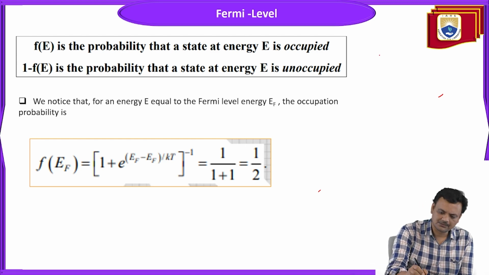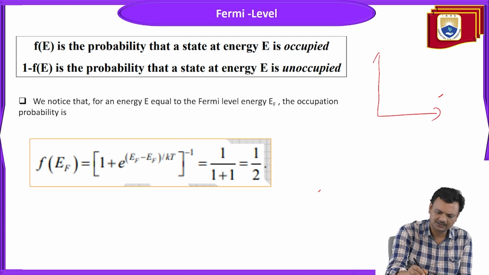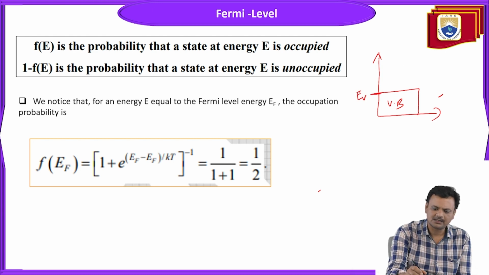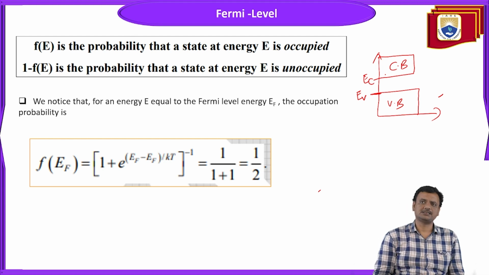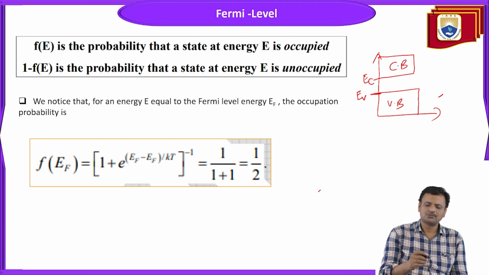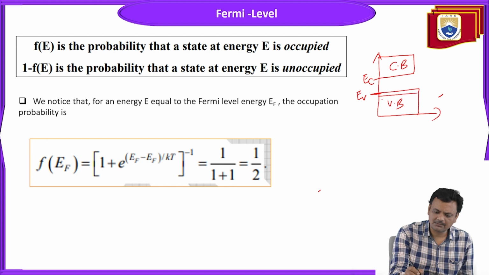If you draw an energy band diagram, let's say this is your valence band region with band edge energy EV, and this is your conduction band with band edge energy EC. Whatever energy levels are available in the valence band will be completely occupied by electrons.